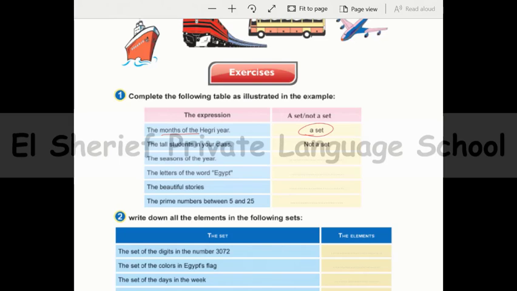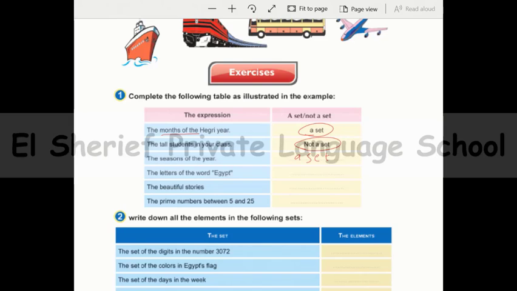The tall students in your class: I can say Muhammad is the tall student, and another can say Husam, so it is not clearly defined, so it is not a set. The seasons of the year are a set, because they are clearly defined with a certain property in common.